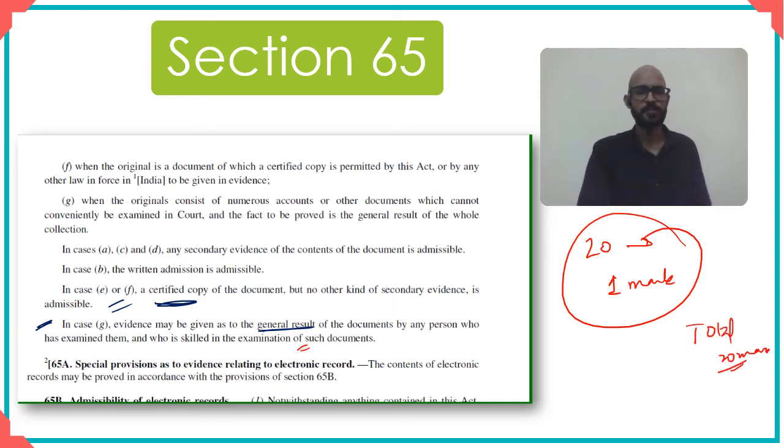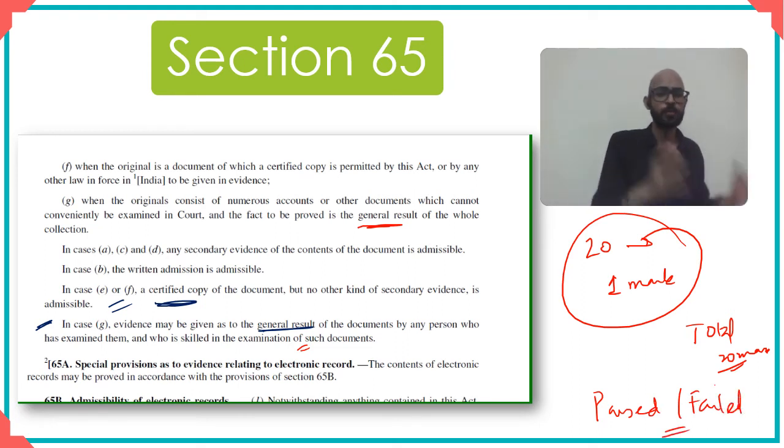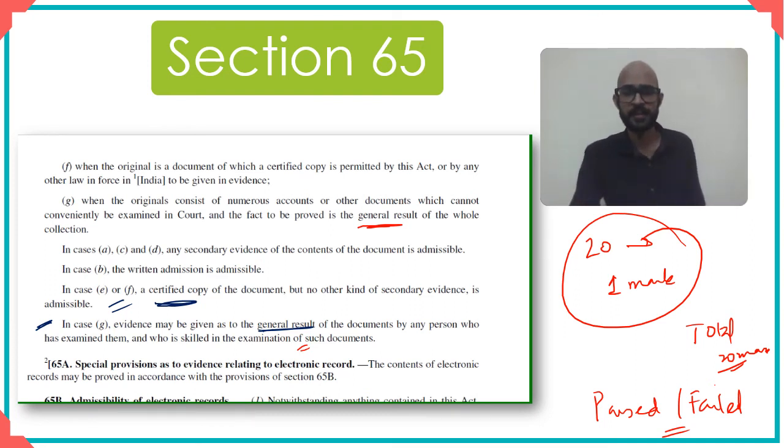Now the question is basically the general result. The dispute is whether you passed or failed. I'm not necessarily concerned with how much you had in unit test number 1 or unit test number 2. All I want to know is that out of these 20 tests, did you manage to get a total of 10? So we are concerned with the general result and not each of the individual things.